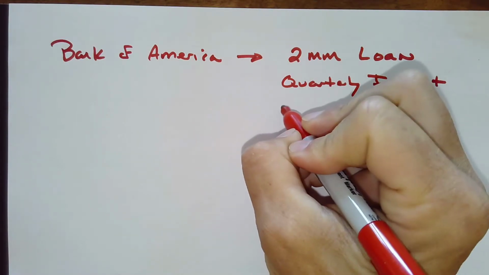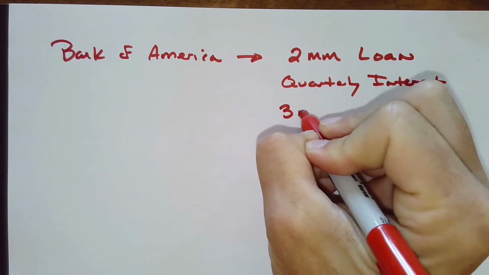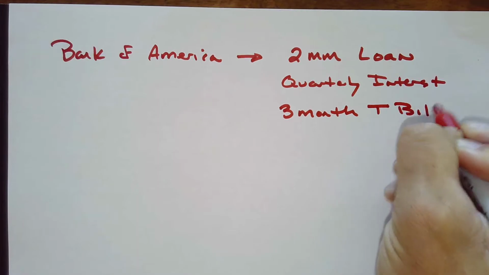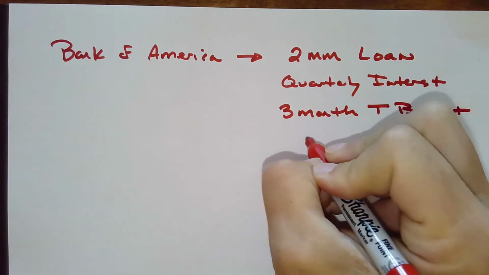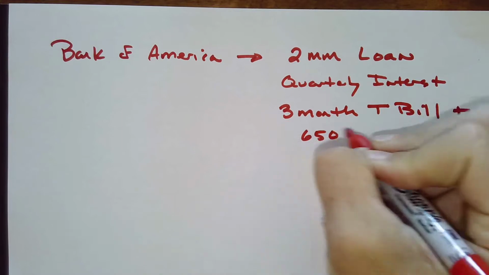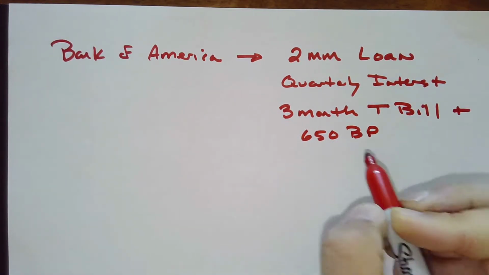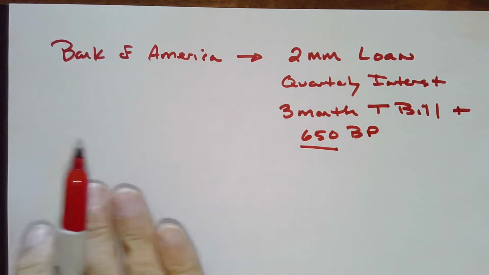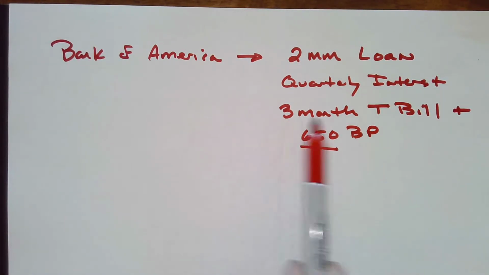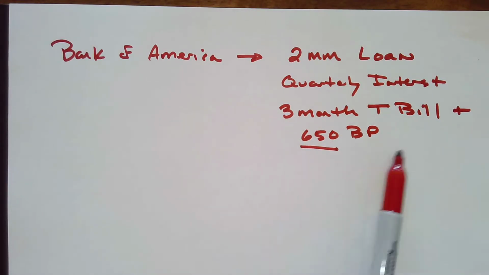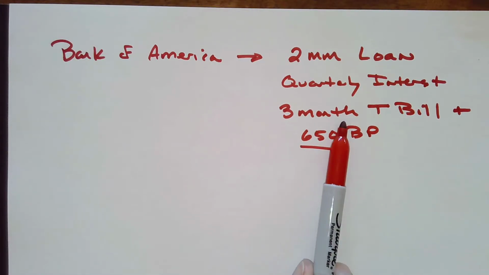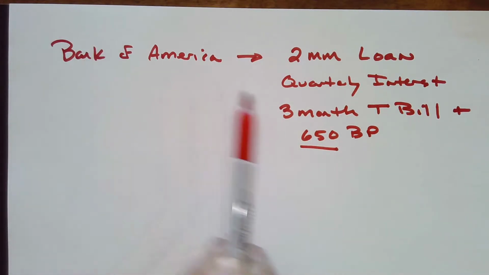So it's based off of the 3-month T-bill rate plus 650 basis points, right? That 650 is really the credit spread. The 3-month T-bill is not very high, but this is really what Bank of America thinks is the credit risk above and beyond the 3-month T-bill rate.